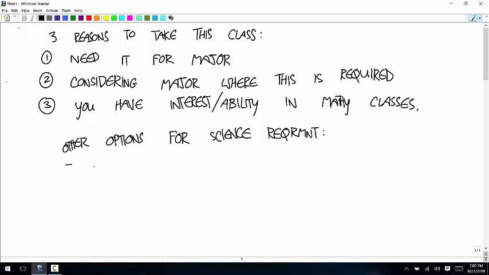One is called Physics for Future Presidents. What that means is it's not as much about calculations.